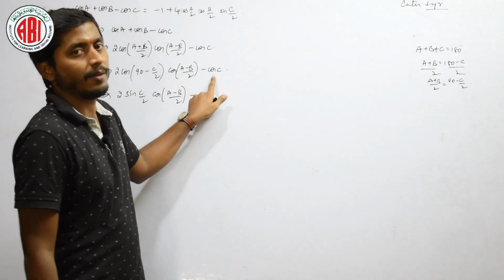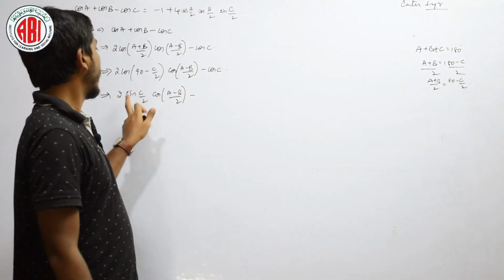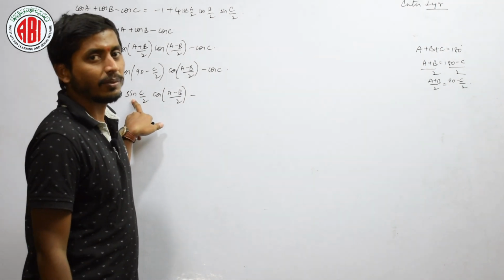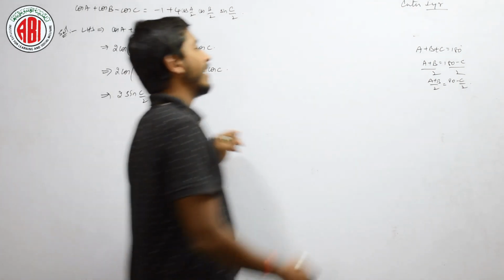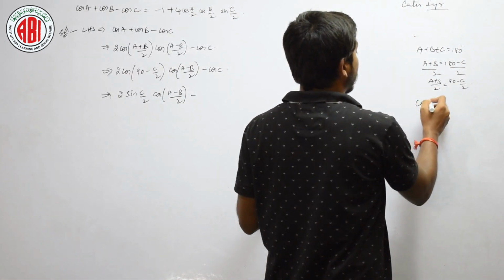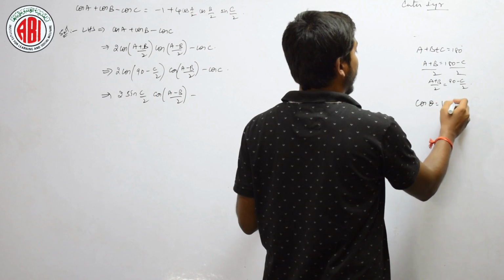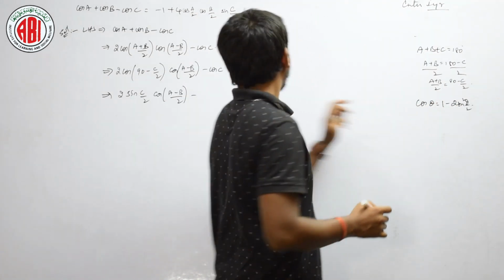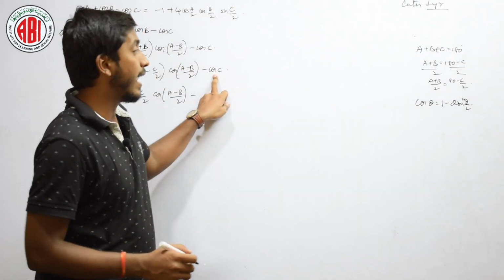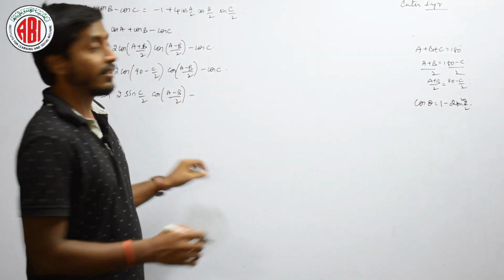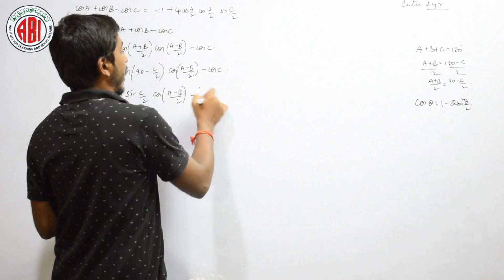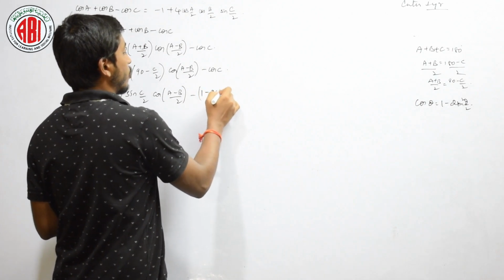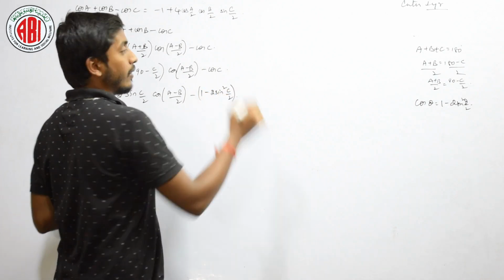Here it is cos C. Yes, we have: cos theta is equal to 1 minus 2 sin square theta by 2. So I can write this cos C as 1 minus 2 sin square C by 2.